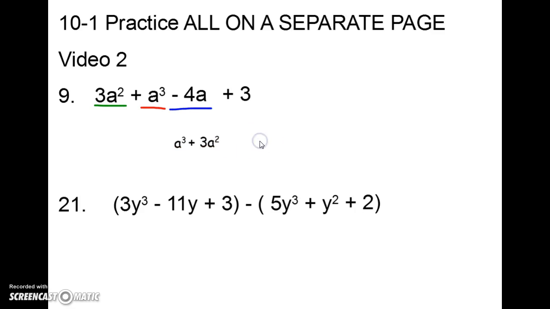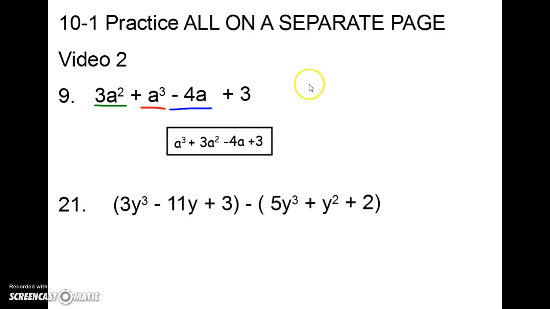Okay, try it like this. So we have this negative 4a. And then we end up with that constant. So the last thing we take care of is that plus 3. And that would be our answer. All standard form is rearranging our terms from highest exponent and then on down to our constants.